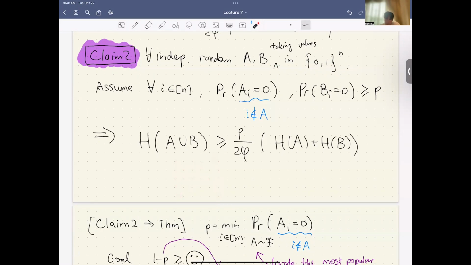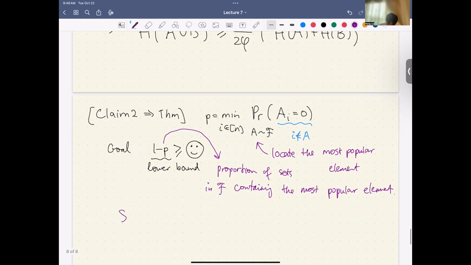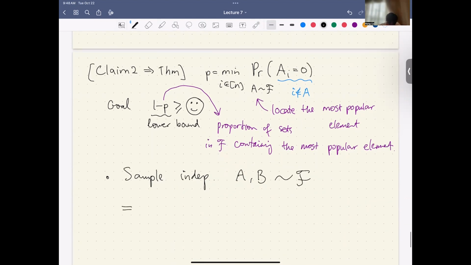So the obvious choice is A, B are uniform random samples from F. Sample independently A, B in F. What do we have?